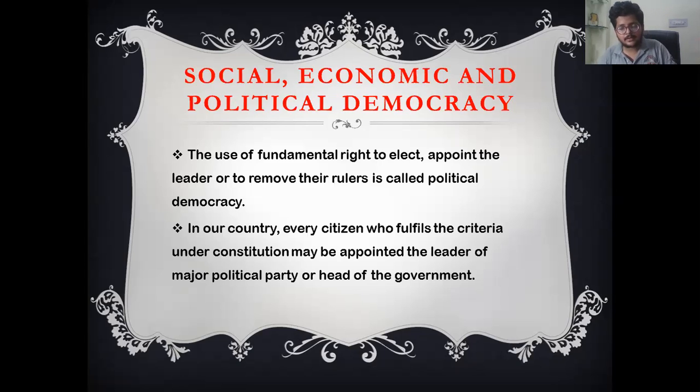And economic democracy is a type of democracy in which, irrespective of income and the capacity of the person, that person also gets equal rights and equal powers to elect the government, to appoint the leader, and to remove the leader. Okay, next.